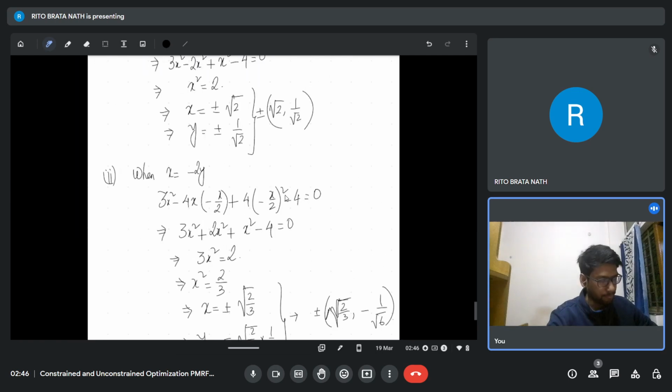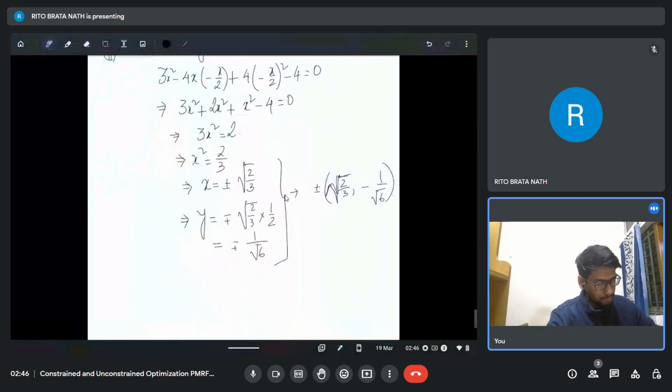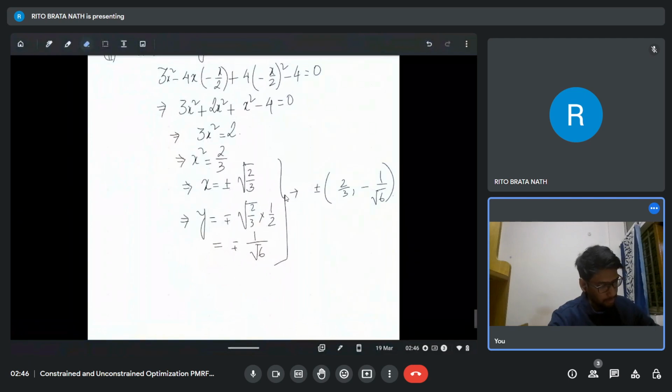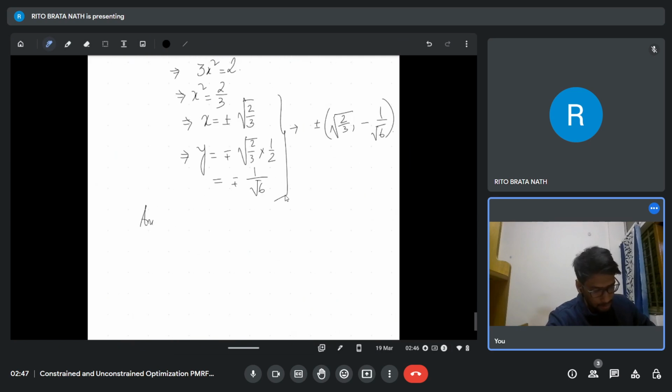So there are 4 of them. Okay, so let me write this down. Option C is the correct answer. The answer is C, which is plus minus root 2 comma 1 by root 2, and then plus minus root 2 by 3 comma minus 1 by root 6.